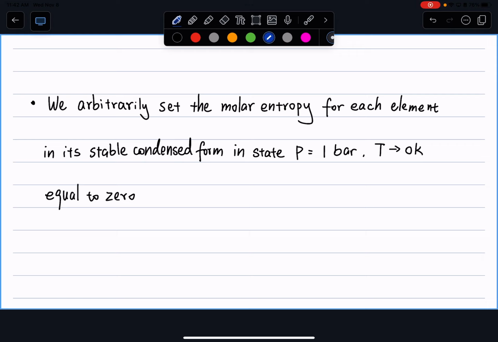So what that means is we're saying Sm at 0 K and standard pressure, when the temperature approaches 0 K, this term equals 0. And that is only for elements in stable condensed form. So a stable condensed form, for example, carbon, we're referring to its stable condensed form as carbon in its graphite form.